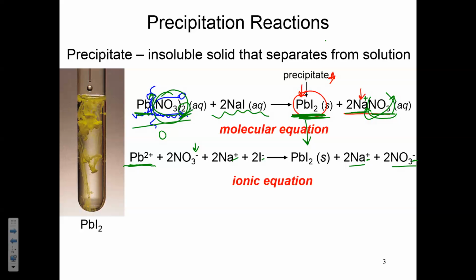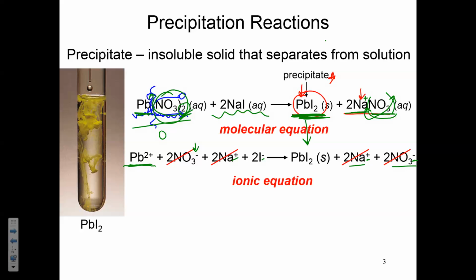So if we look, we have a 2NO3 negative here, and on the opposite side of the equation, or on the other side of the arrow, we have a 2NO3 here. So we can cross them out. Okay, same with this. 2Na plus, we can cancel out with a 2Na plus on the opposite side.